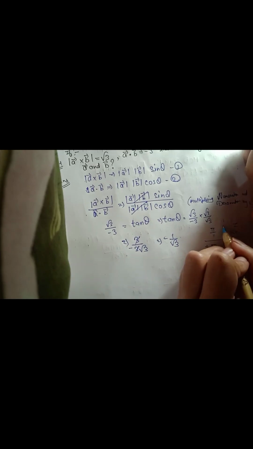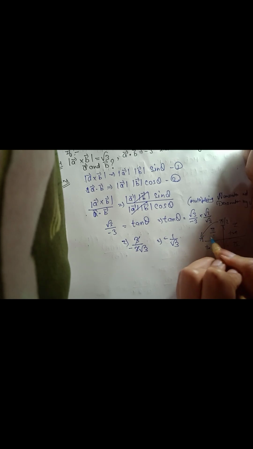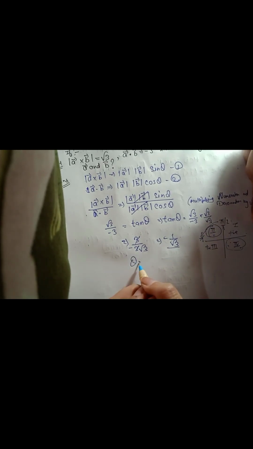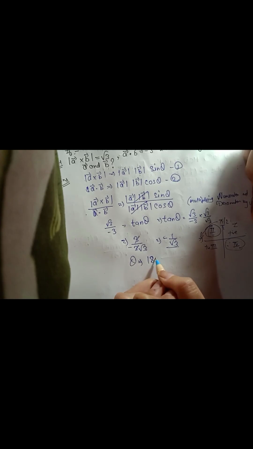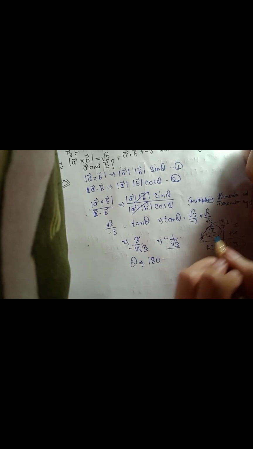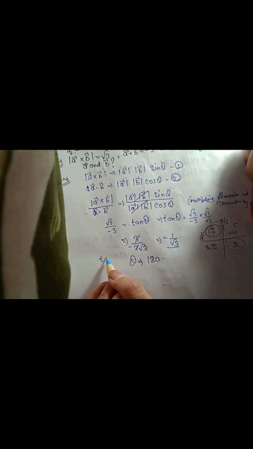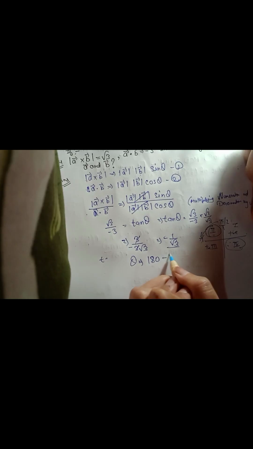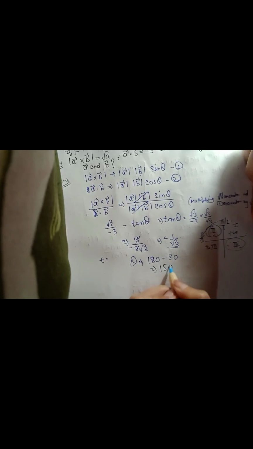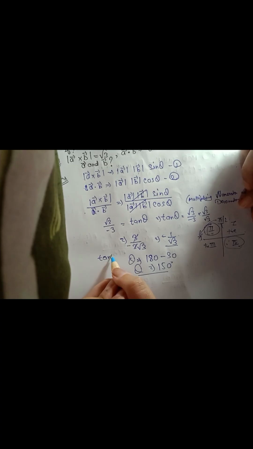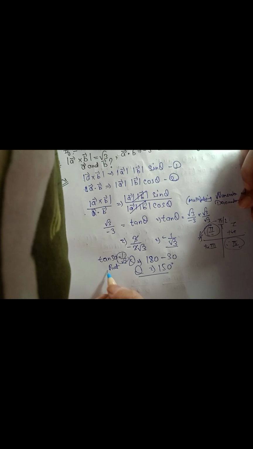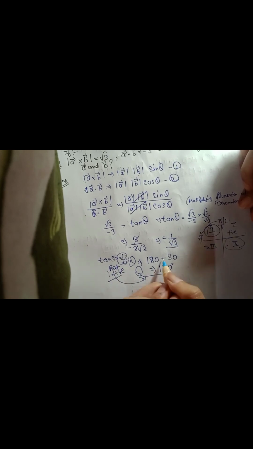So going from pi by 2 to pi, we find theta equal to 180 minus 30, which gives theta equal to 150 degree. So the angle is 150 degree because it is obtuse, in the second quadrant.